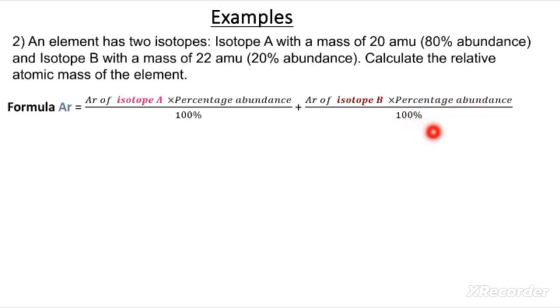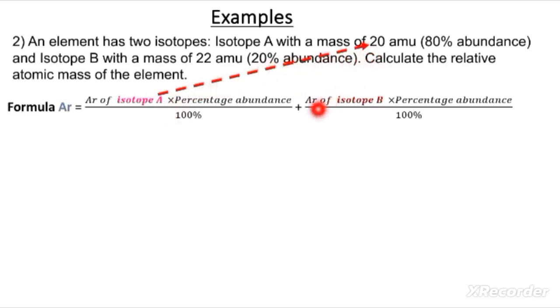This is the formula that we are going to use. The first thing is to identify the atomic mass of isotope A. The atomic mass of isotope A is 20, as we can see here.